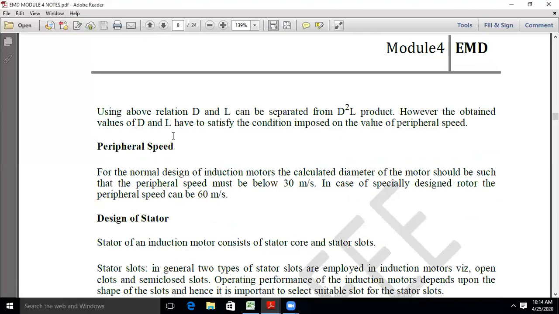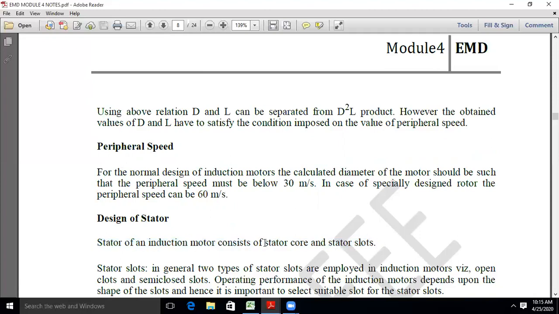So this is about the value of D and L. Before that, we discussed the specific magnetic loading and specific electric loading. Now coming to the design of the stator. The stator of an induction motor mainly consists of the stator core and the stator slots.